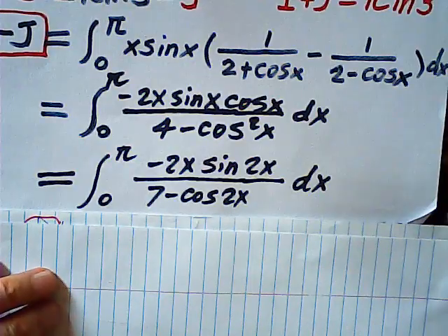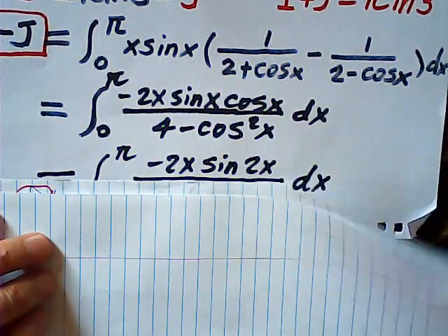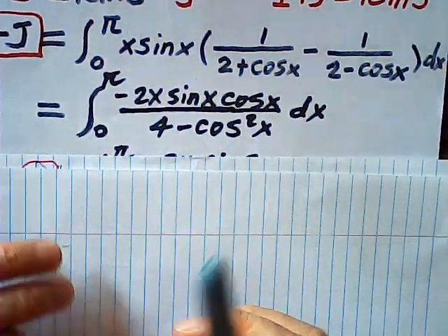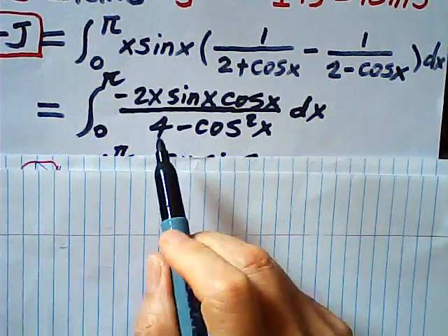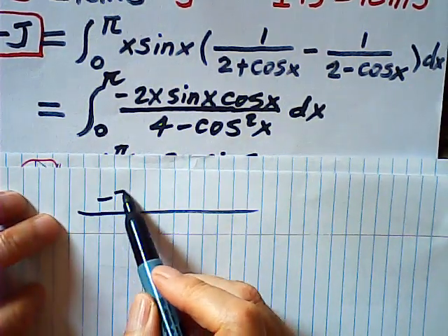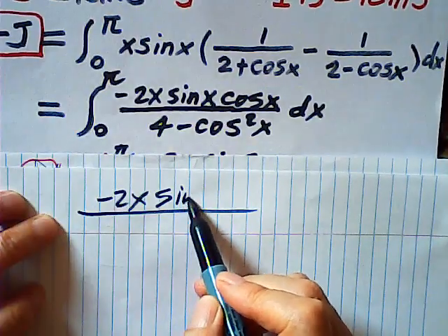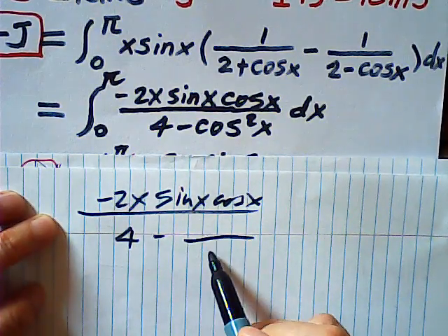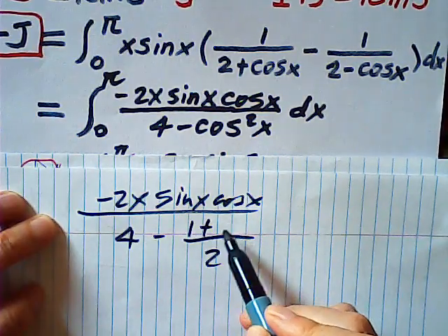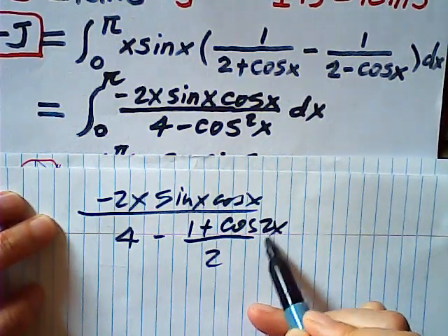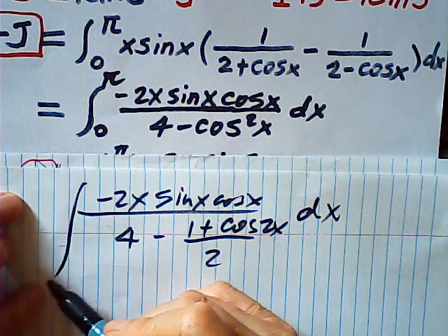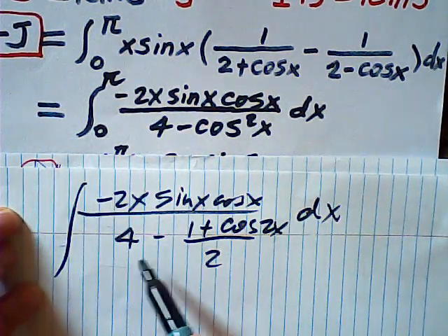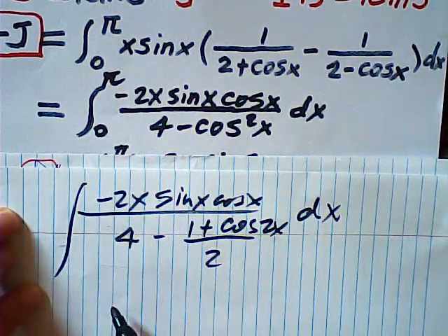Now then I simplify this one. This one is equal to minus 2x sine x cosine x over 4 minus, this is 2, right, 1 plus cosine 2x, dx. We multiply 2 to both top and bottom.